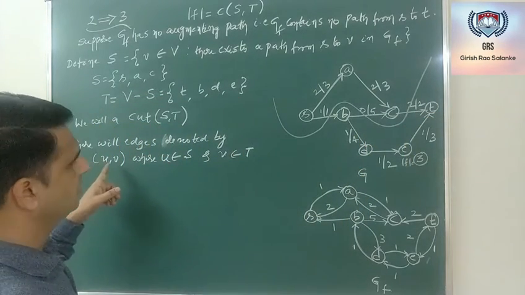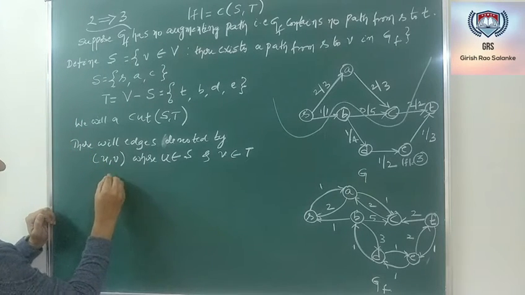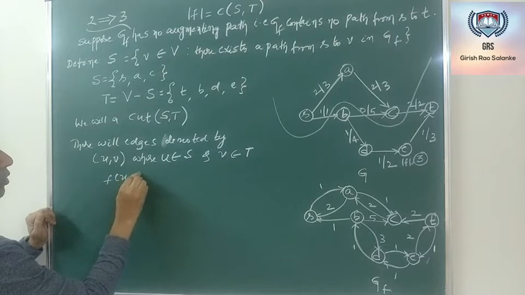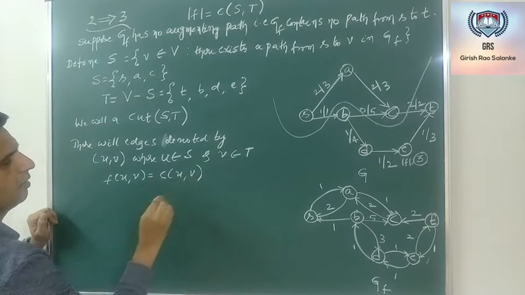Now on this, for some edges the flow of U comma V will be equal to the capacity of U comma V.